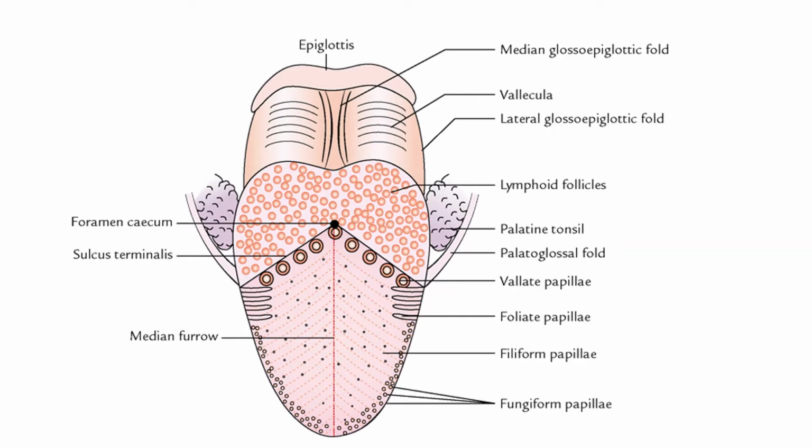There are various types of papillae. The first variety is called the vallate papillae, or circumvallate papillae, as they are circular in shape.